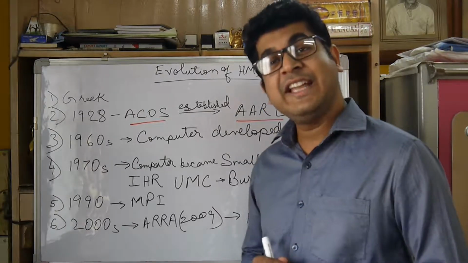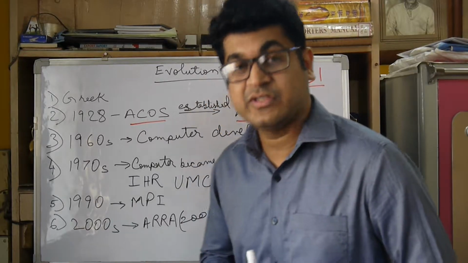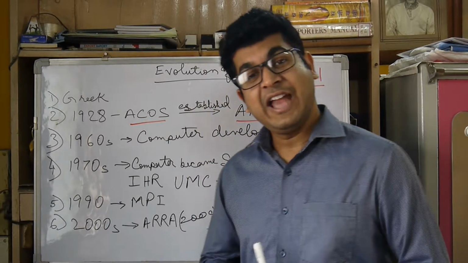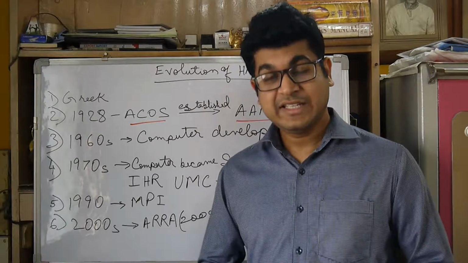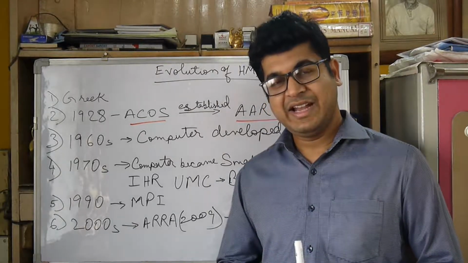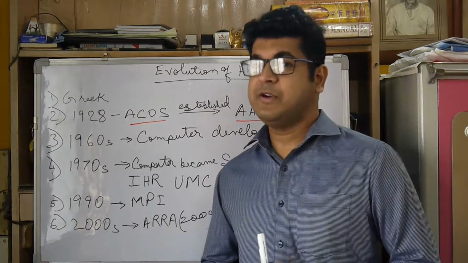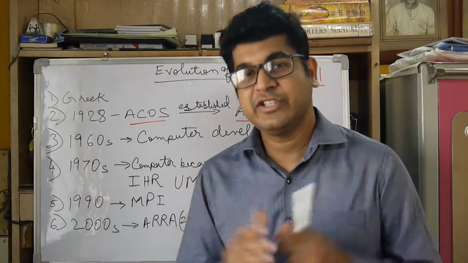In 2000, the next evolution happened when a new act was established called the American Recovery and Reinvestment Act. This act was brought into effect because of all the reimbursement that happened because of health insurance. Now the government needed a standardization of records.